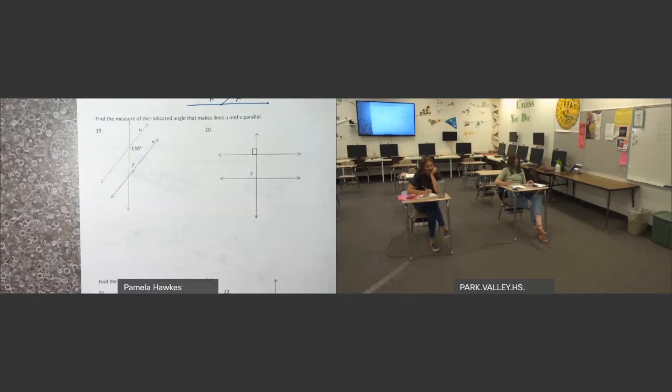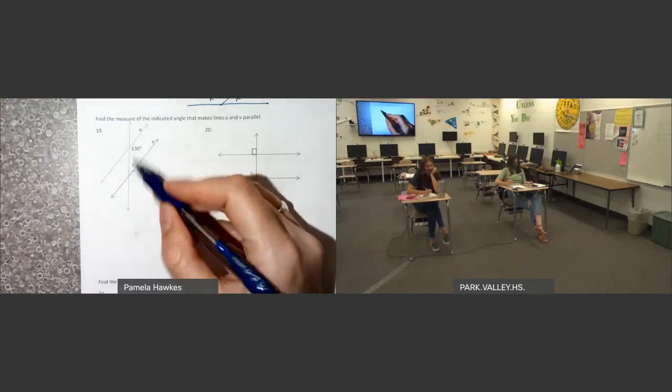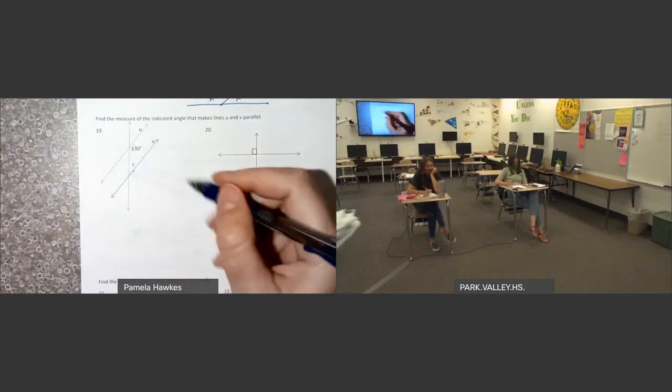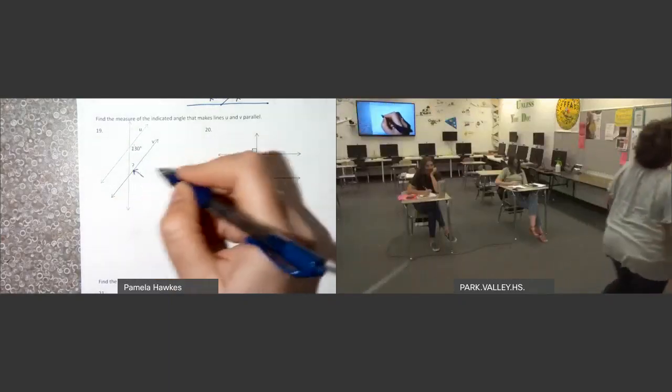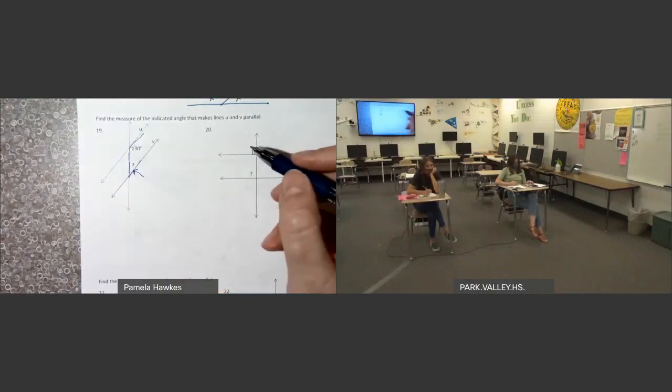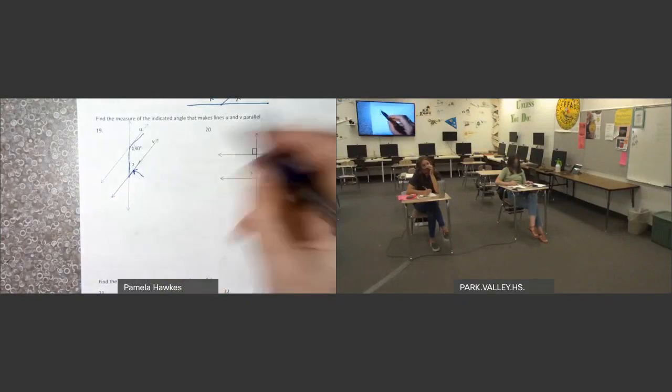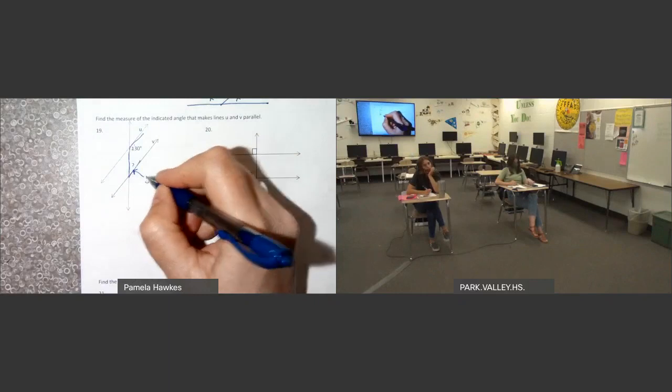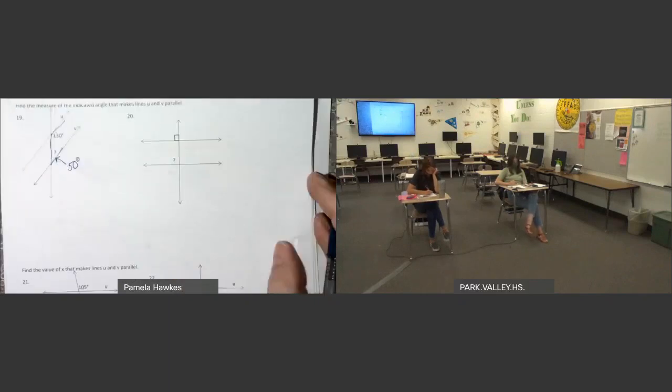Yes, they are. They're the same side interior angles. So what do you know? If they're supplementary, well, how big is it? No, same side is supplementary. So how big is it? 50. Good. Okay, what about these two?